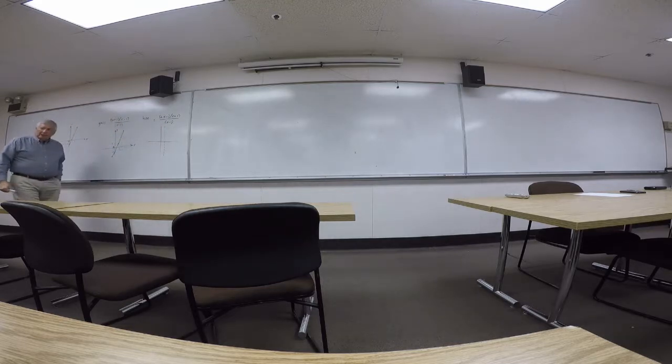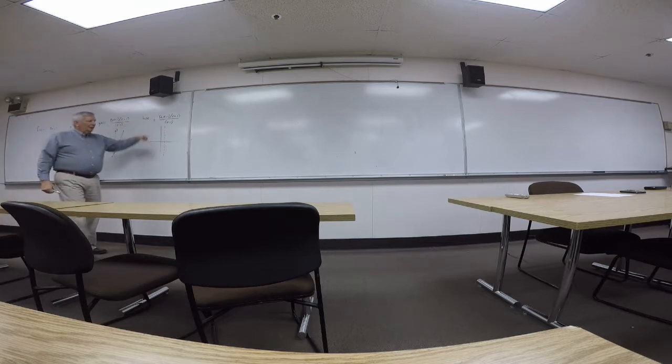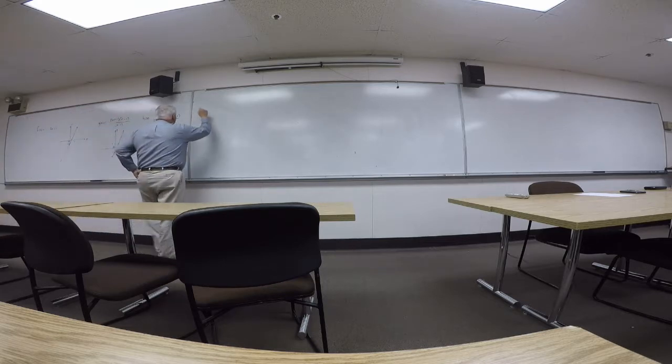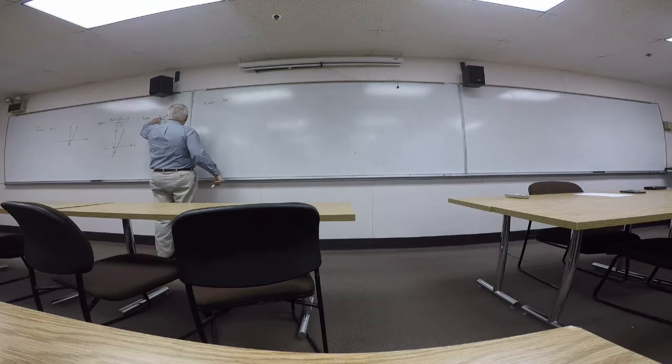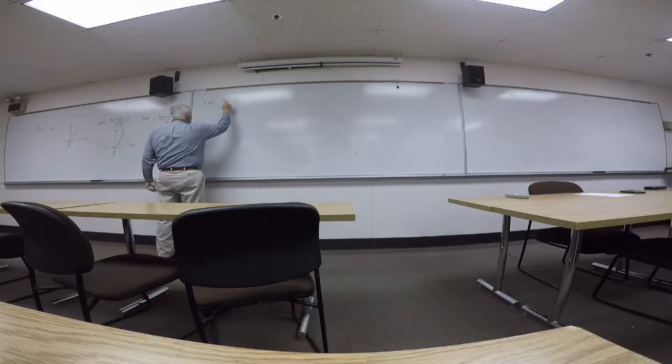But what does it do elsewhere? Well, let's multiply the numerator out. h of x is equal to, let's see, 2x squared plus 2x minus 1x, that is plus x minus 1, over x minus 1.